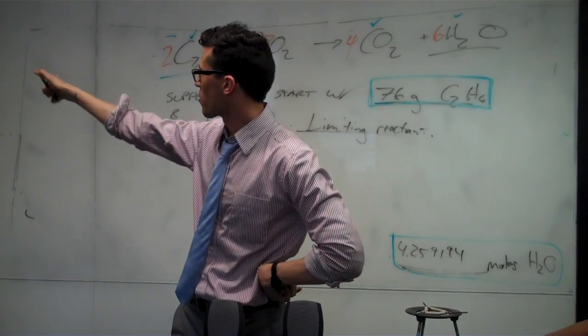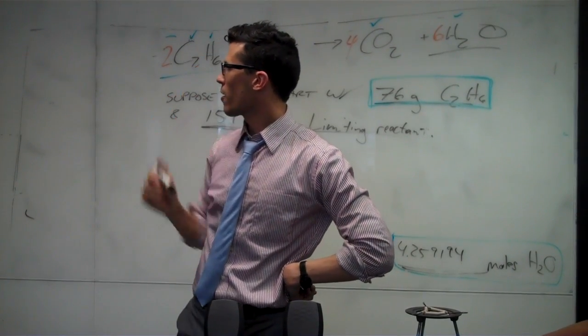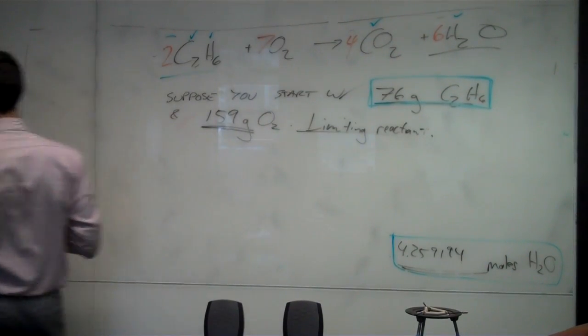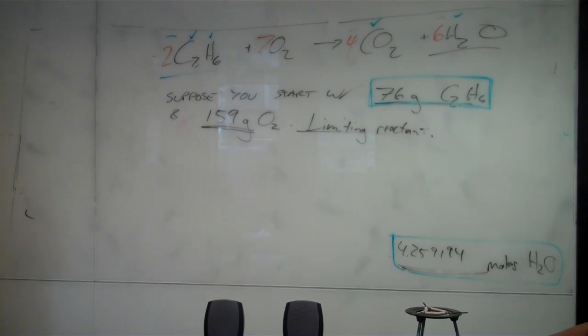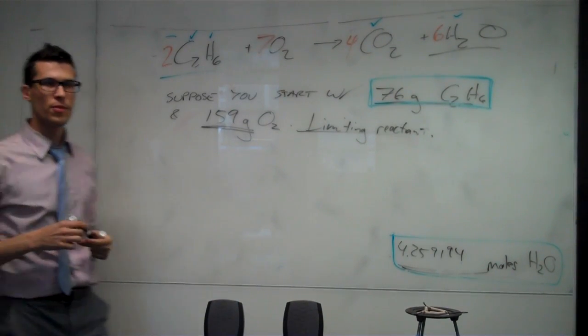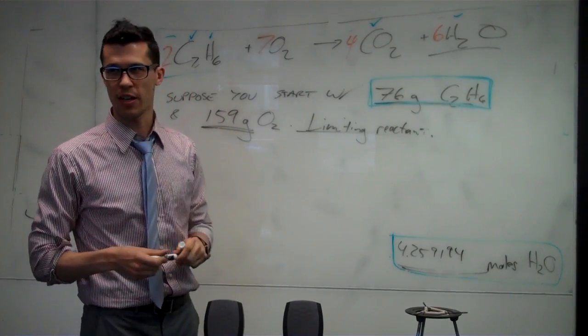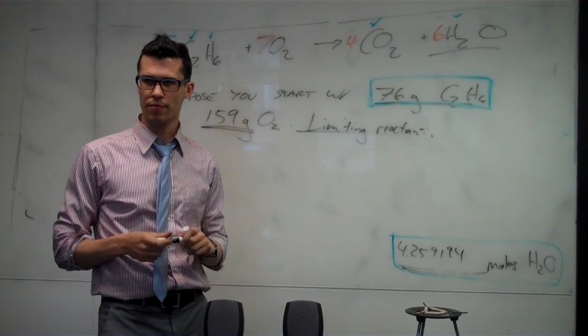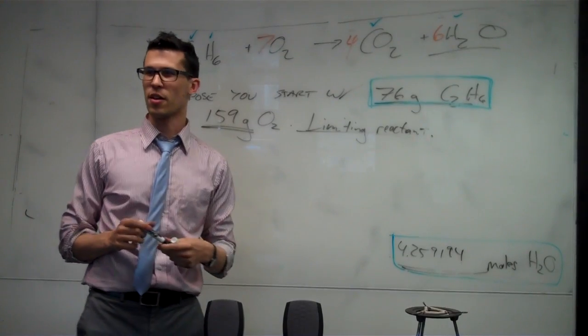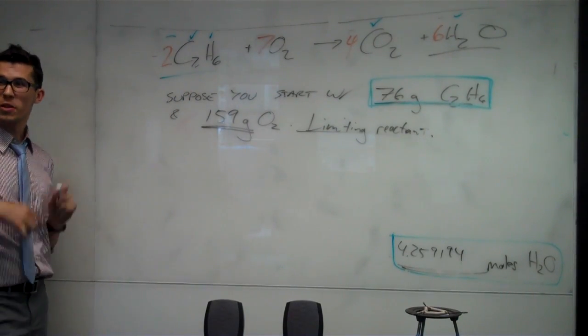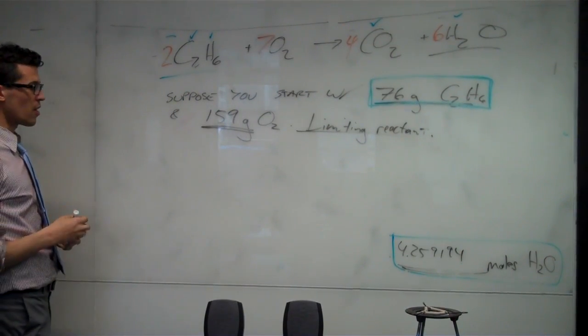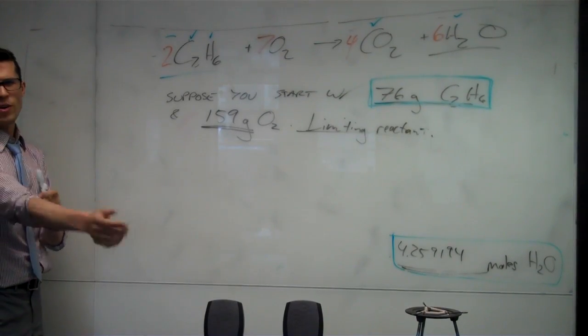We're going to talk about the percent yield. Let's assume now that we want to first find the theoretical yield. Everybody's done this before, so we can all do this together. Just be comfortable with how you're doing this process. It's always the same.